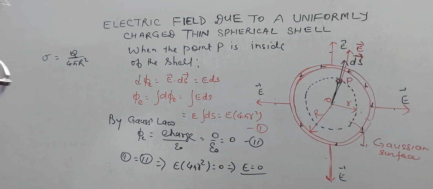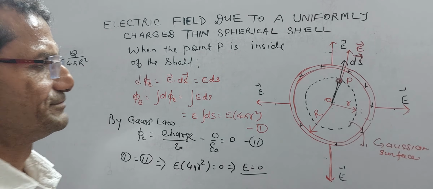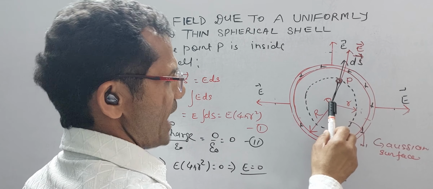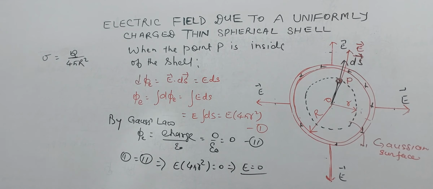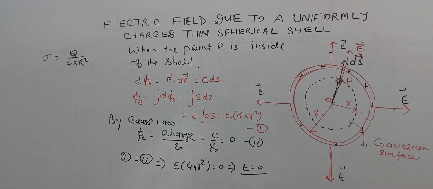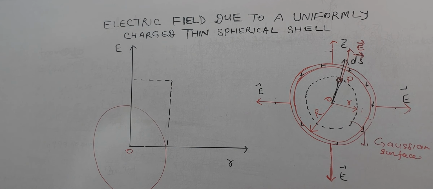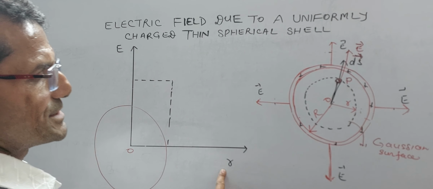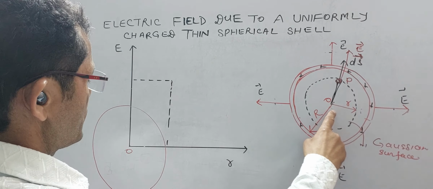Now we have to draw the graph between the electric field intensity and the distance from the center. This is the graph of E versus r, where r is the distance of the point P from the center O.